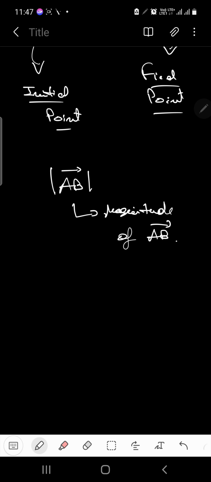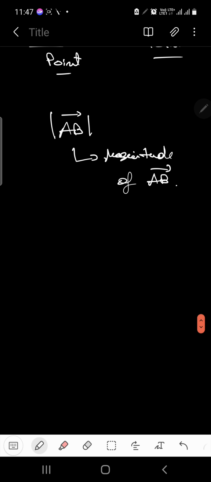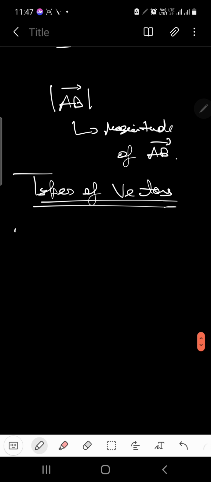Okay, so now we talk about the types of vectors. Clear? So what are the types of vectors? These are important. The first type is the null vector, also called a zero vector.